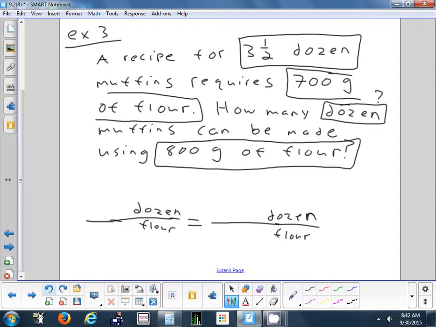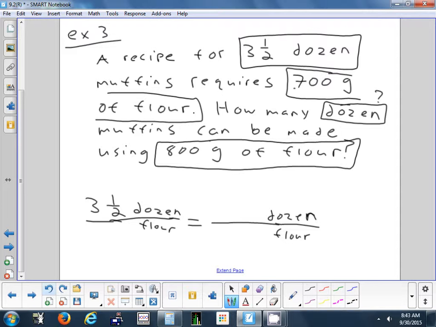Now, when we fill this in, 3 of these things should be numbers. I see 3 numbers up here. One of them should be a letter, something we don't know. Let's start with the first dozen we see, 3.5 dozen. How much flour do you use for 3.5 dozen?